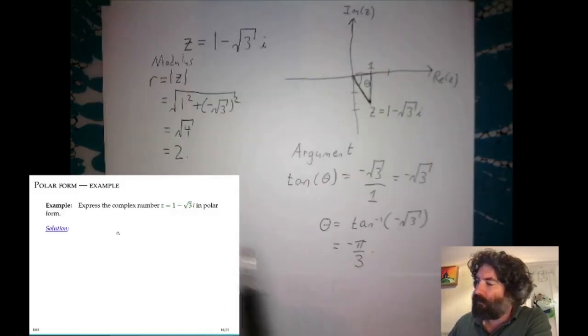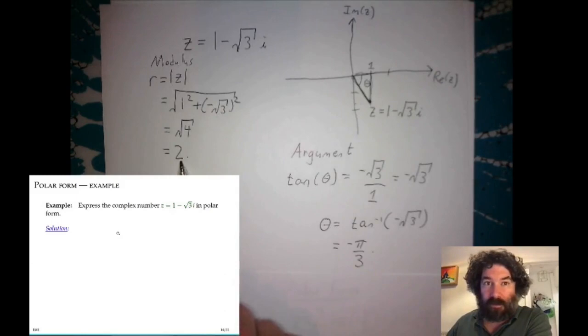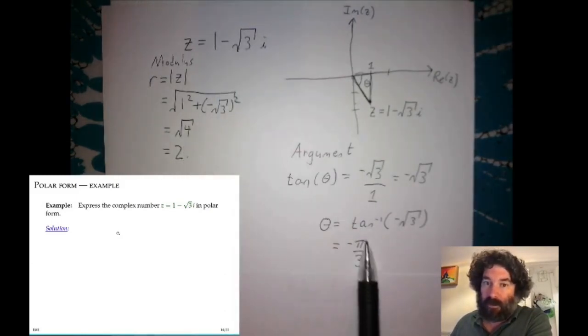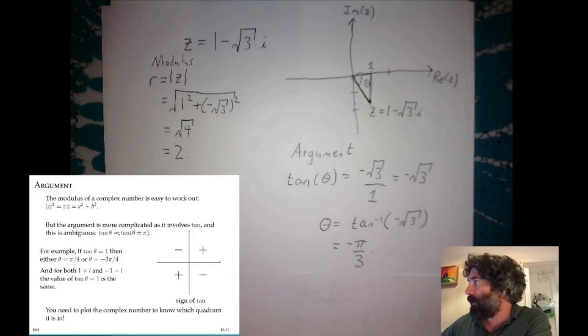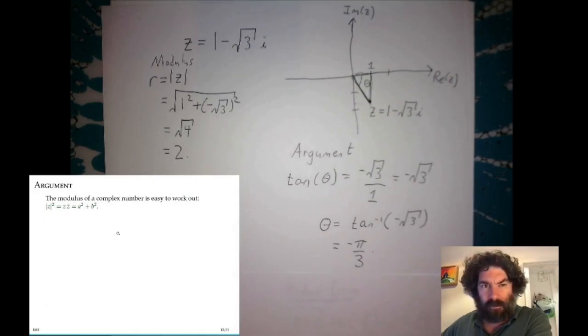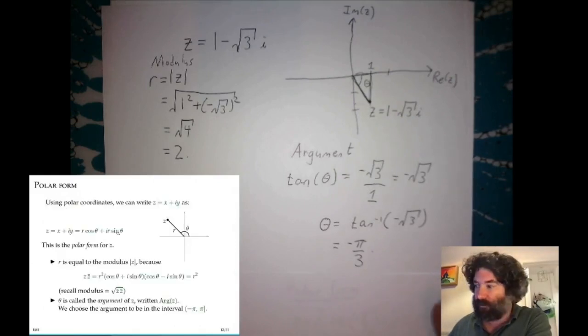Okay, so now we have determined the modulus of this complex number, which is 2, and the argument, which is negative pi over 3. And so we can write down the polar form. Let's go back to the slide where we find what the polar form was.